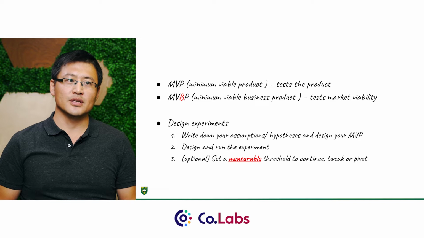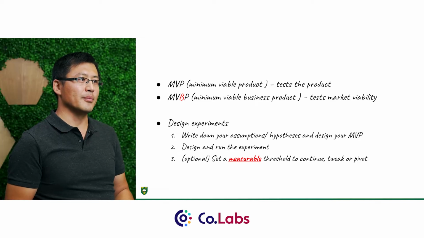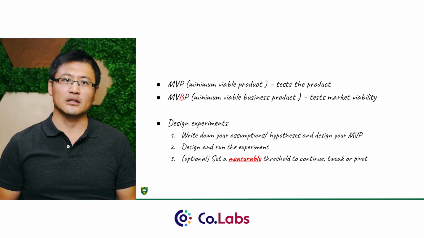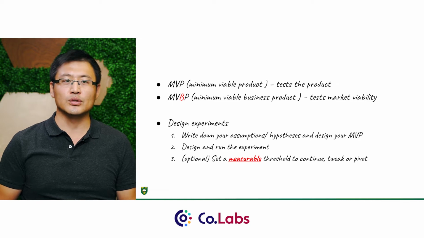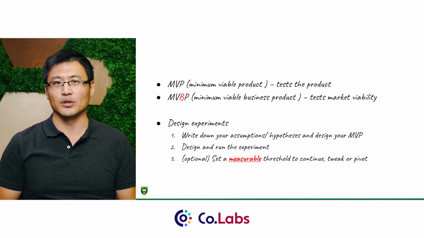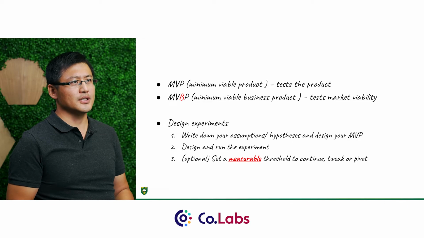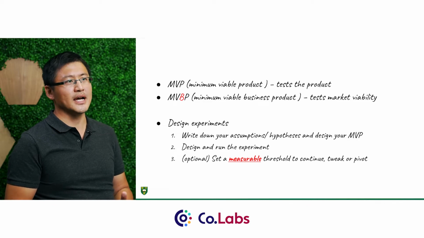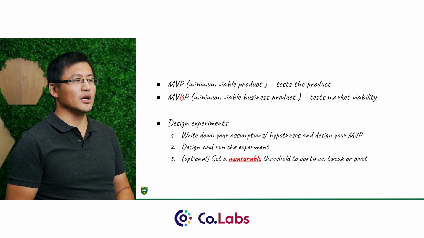The purpose of designing a minimal viable product is to help you design experiments so that you can quickly test and learn what the market thinks about your solution and quickly adjust so you can move forward with your business. Like any good experiment, it's all focused around the assumptions and hypotheses you have.